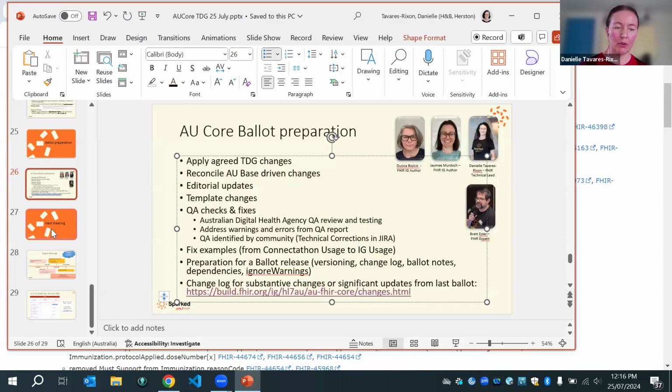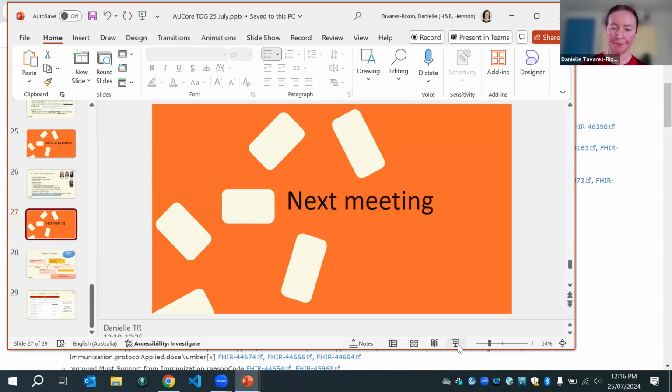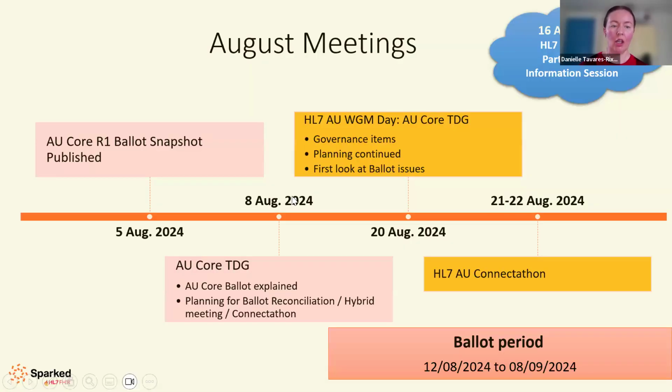So I'll move us on to our next meeting. After this one, final changes, we publish our ballot snapshot on the 5th of August, and our next meeting is the 8th. This is our standard virtual fortnightly.